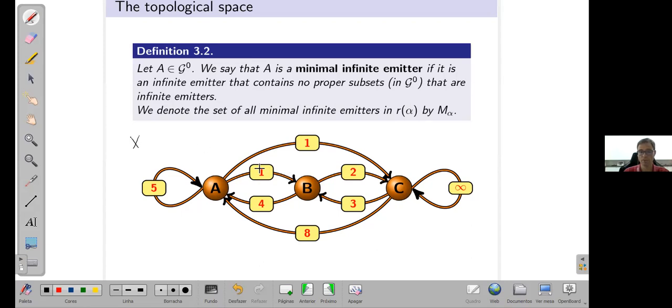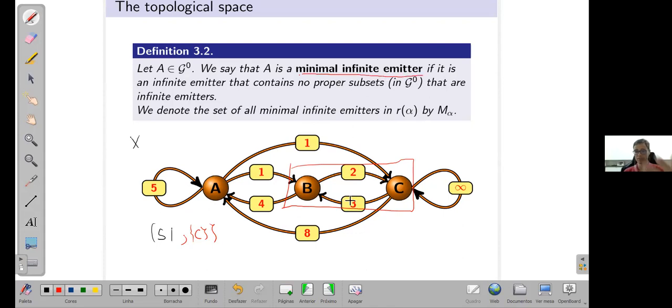But now look, for example, at the path 5, 1, and the range of 1 is BC. Instead of looking at BC, I'm going to look at just the pair 5, 1, C, because C is a minimal infinite emitter. What is a minimal infinite emitter?